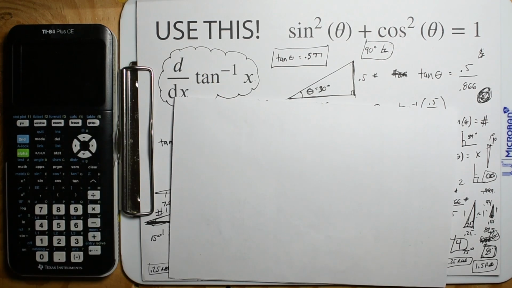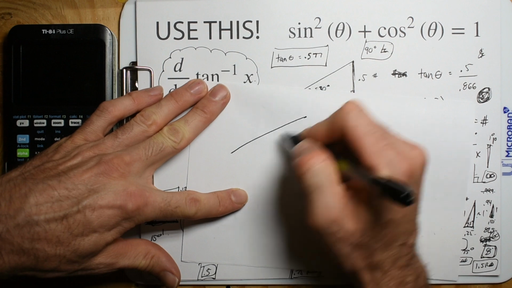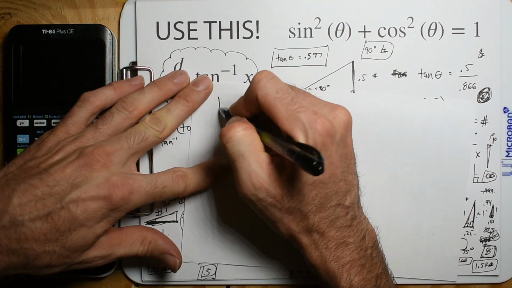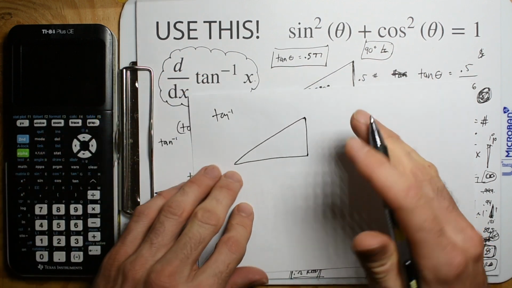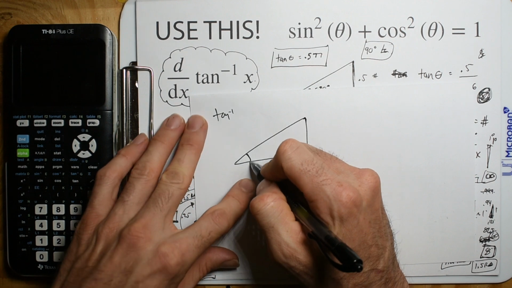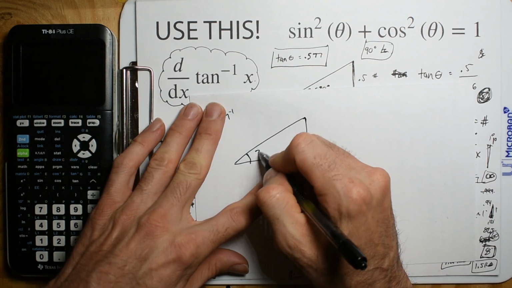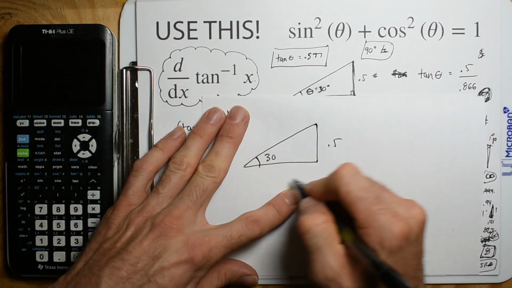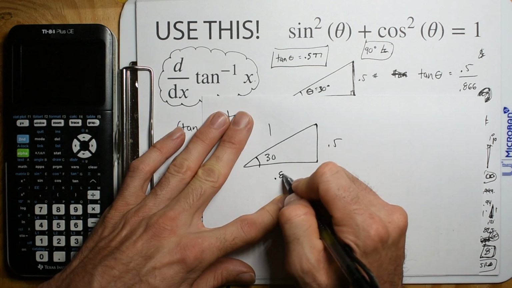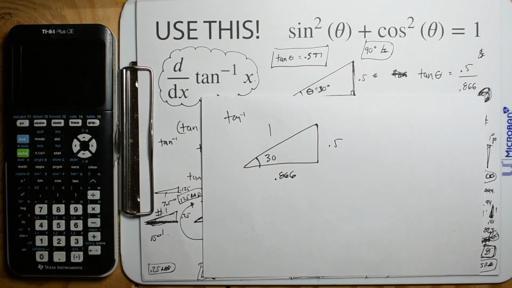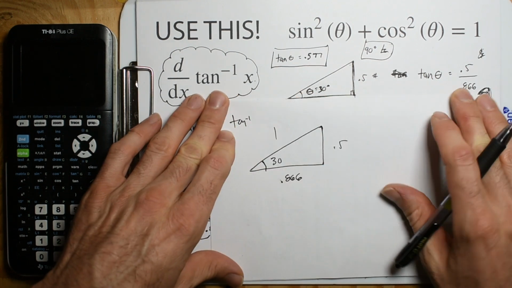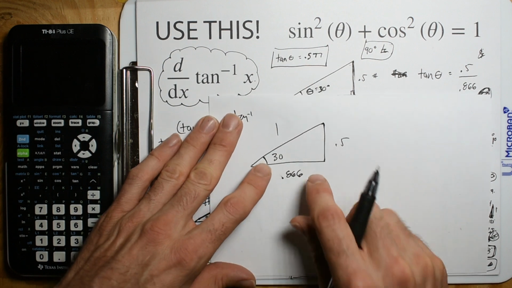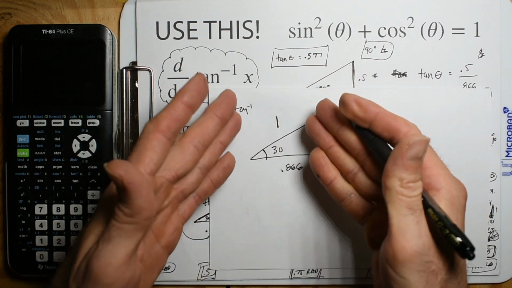Alright, hell yeah. So let's draw our 30-degree triangle again, because we're trying to understand what inverse tangent is, and we're first going to learn what inverse sine is and inverse cosine. So we have our 30 degrees. We know this is 0.5, this is 1, this is 0.866. This one I like, because this is a unit triangle.